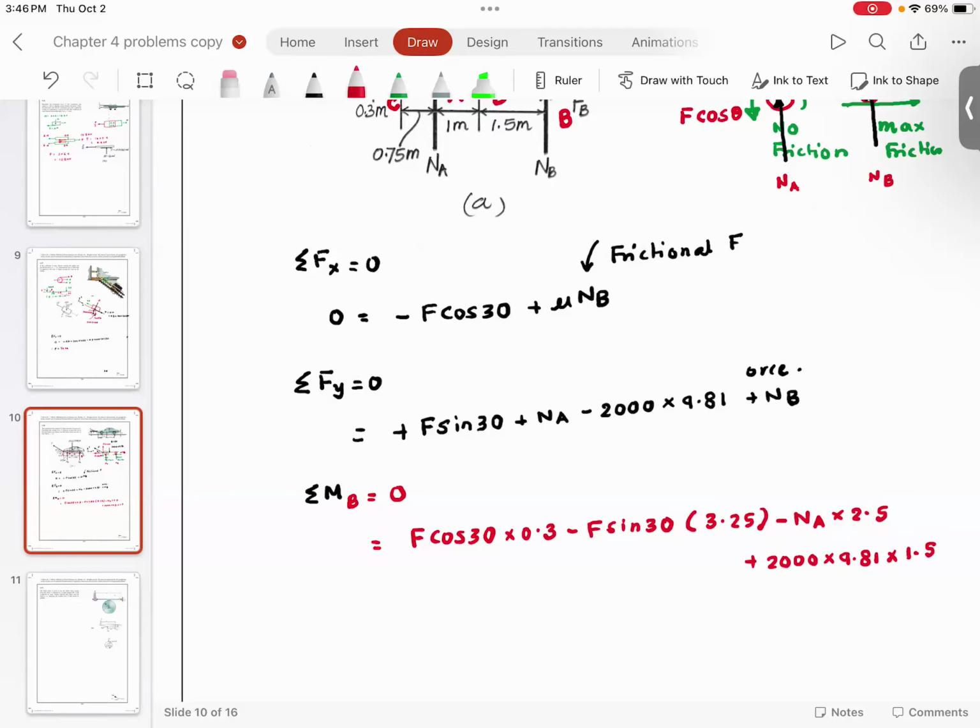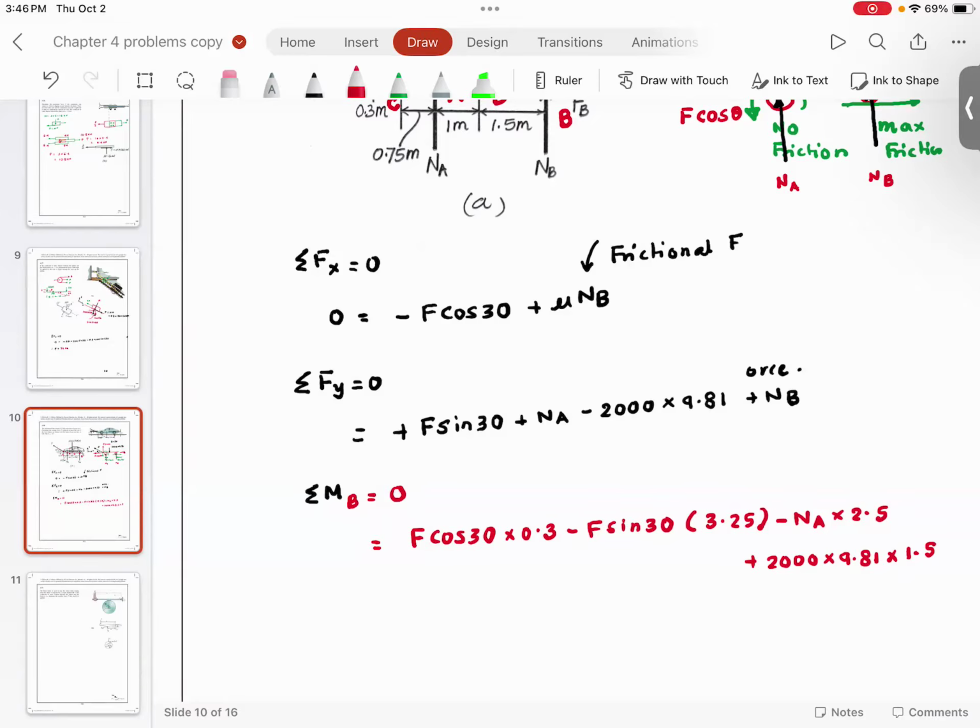Can you observe that the first equation has NB and F? You agree with me? The second equation has NA, NB, and F. You agree with me? And the third equation has F and NA. Does it make sense?